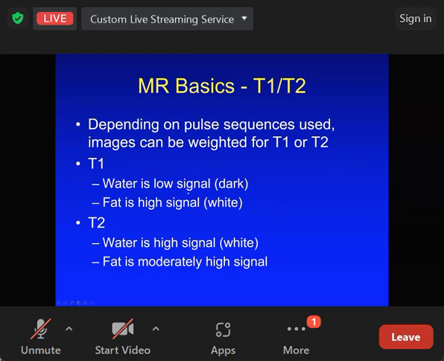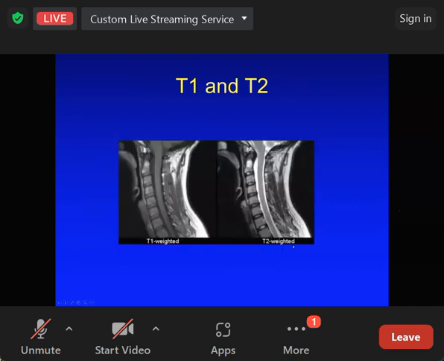So we call this low signal dark image, whereas fat is high signal or white. On a T2 weighted image, on the other hand, water is high signal, which is white, and fat drops in signal a bit, but it doesn't go completely dark. If there's any one pair of things you have to remember, it is that on T1 water is dark, on T2 water is white. Okay, that's a difficult bit.